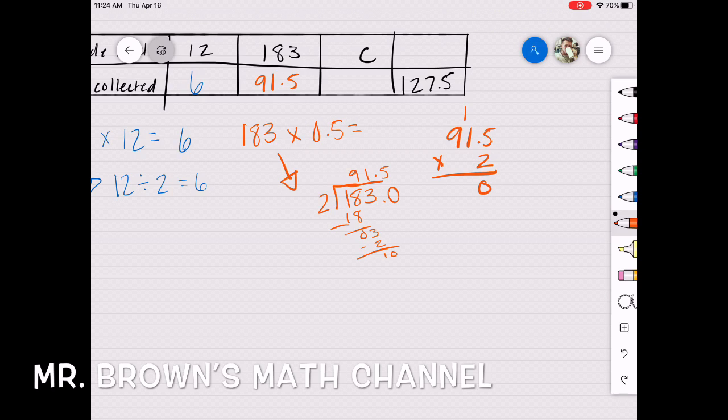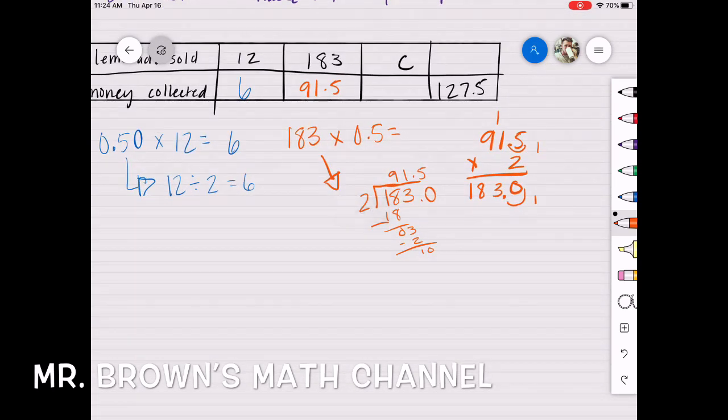I'm double checking our math by saying 91.5 times 2, which is going to be 3, and then 18, and then we have that decimal point that we need to bounce back in to give us our answer of 183 rather than 1083, 830.